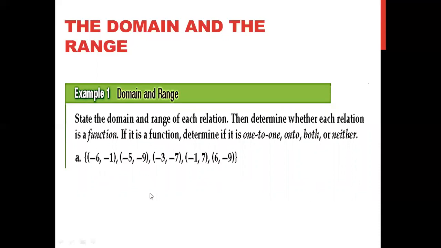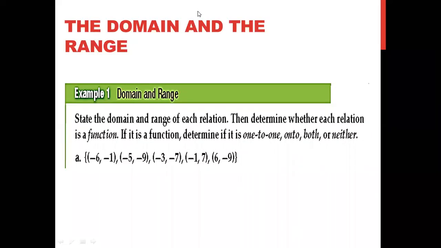If it's a function, determine if it's one-to-one, onto, both, or neither. To help me solve this question, I will draw an arrow diagram to make it easy for me.